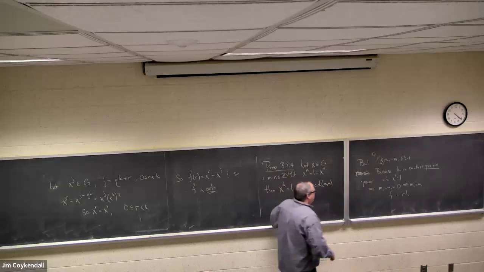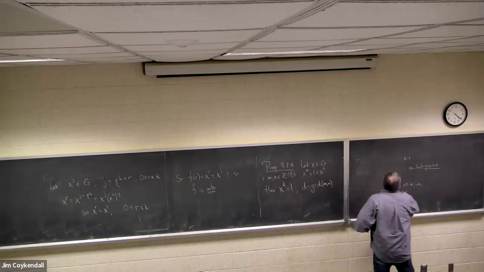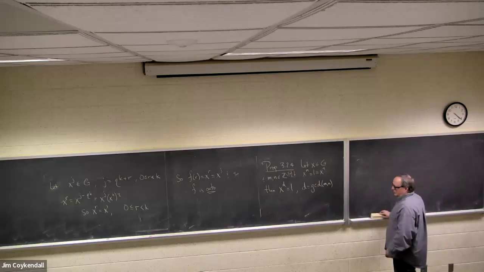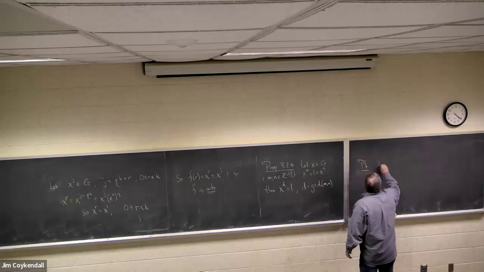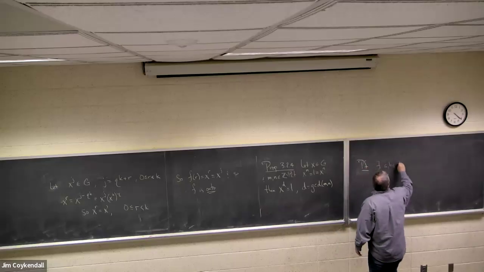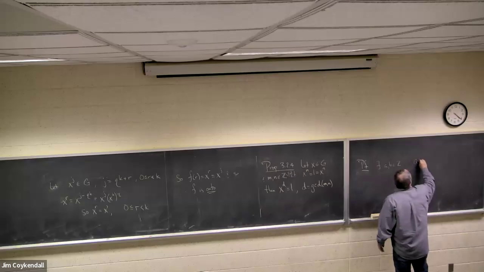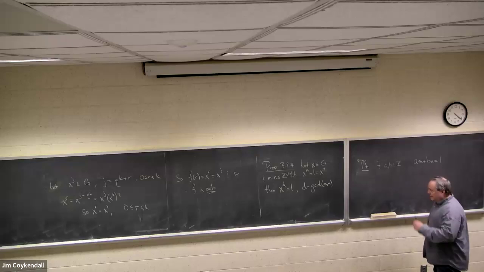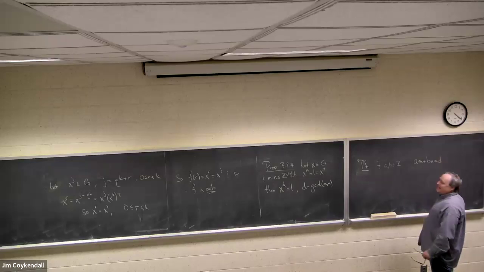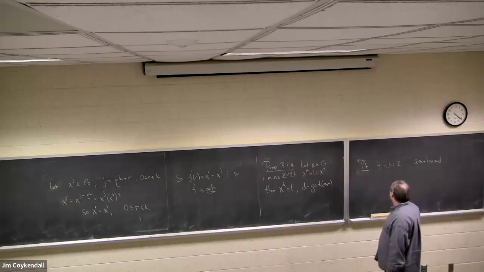So if x to the n is 1 and x to the m is 1, then x to their greatest common divisor power is 1. Here's the proof. There exist a and b in the integers such that am plus bn is equal to d, the greatest common divisor.